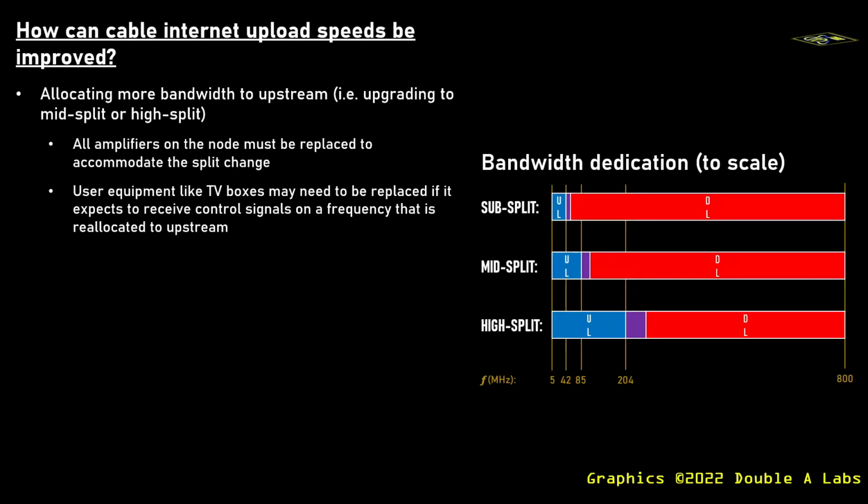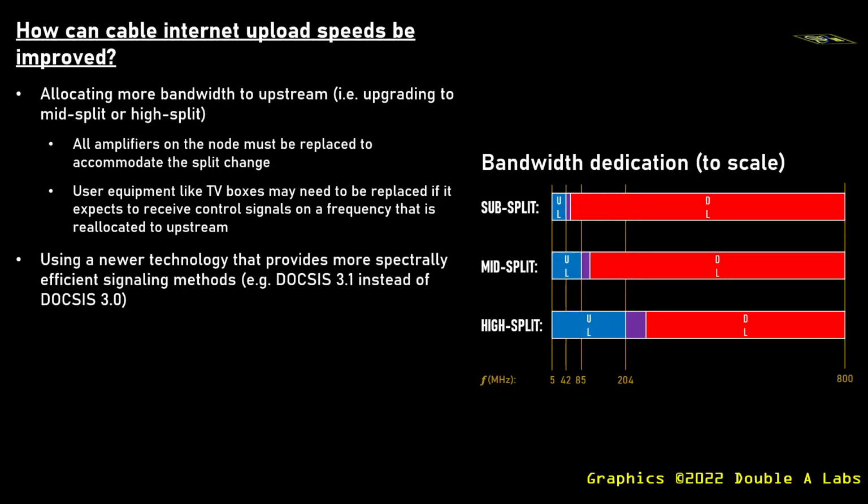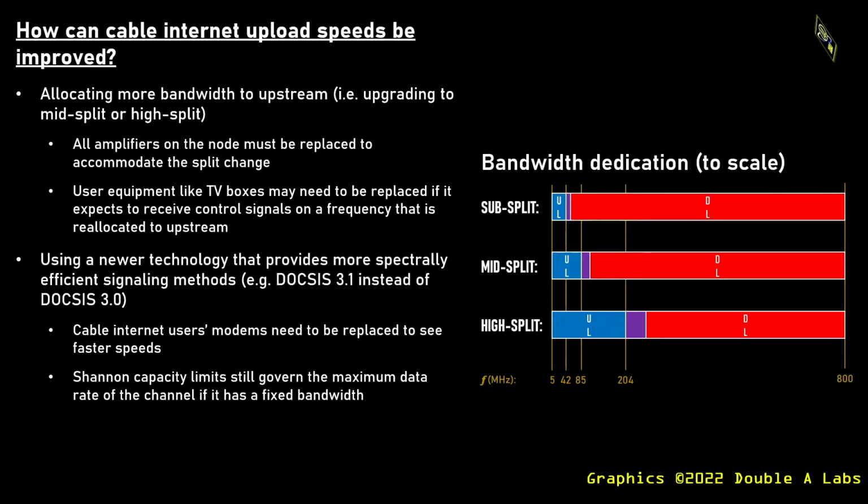A cable operator can upgrade to newer technology that provides more spectrally efficient signaling methods, for example, DOCSIS 3.1 instead of DOCSIS 3.0, but cable internet users' modems still need to be replaced to see the faster speeds. And Shannon capacity limits still govern the maximum data rate of the channel if it has a fixed bandwidth.